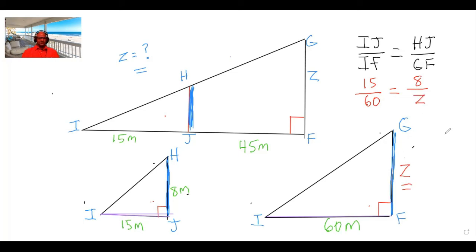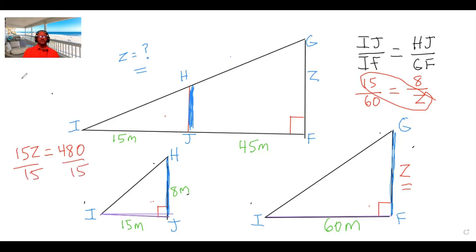Okay, so that means all we got to do is do our multiplication. We have 15 times Z, which gives us 15Z, right? Equals 60 times 8, which is 480. So that means 15 times something is 480. We know that's what it's going to come out to.